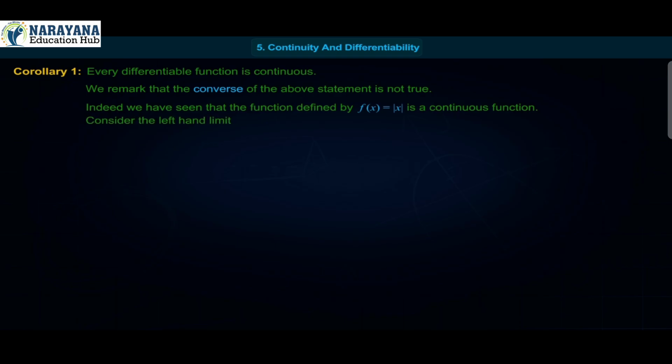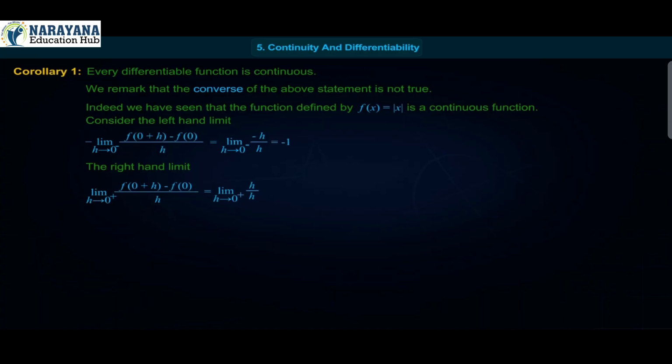Consider the left hand limit, the limit as h tends to 0 minus of (f(0 + h) - f(0))/h, which is the limit of -h/h, equal to -1. The right hand limit, as h tends to 0 plus of (f(0 + h) - f(0))/h, is the limit of h/h, equal to 1.